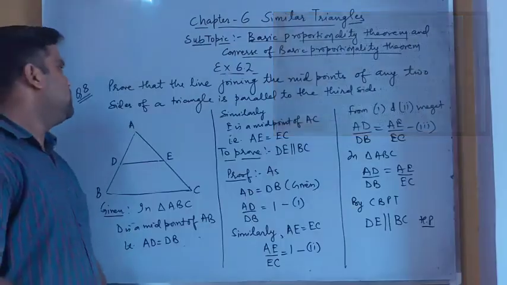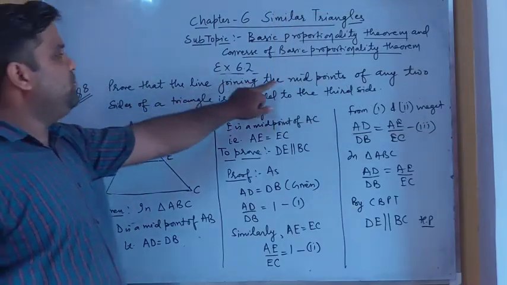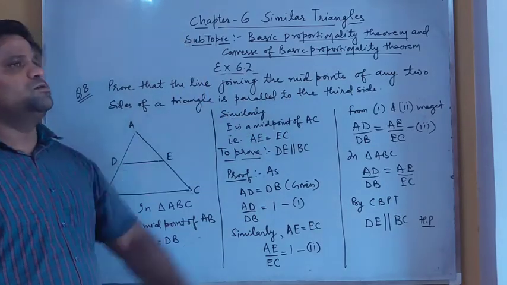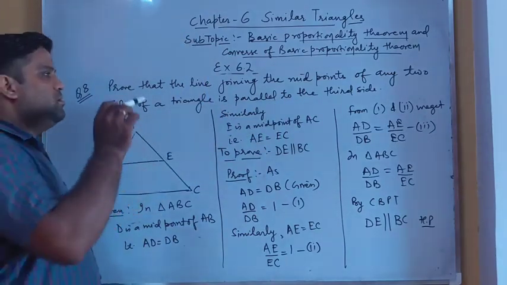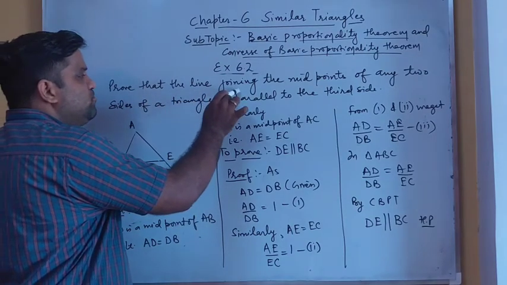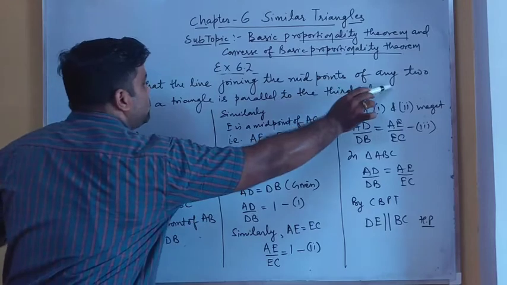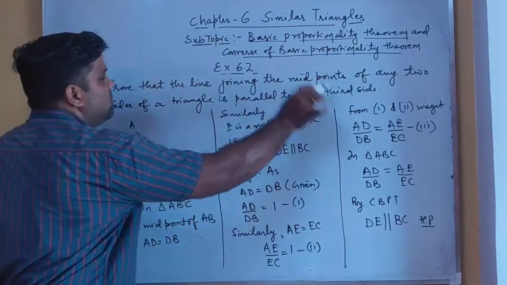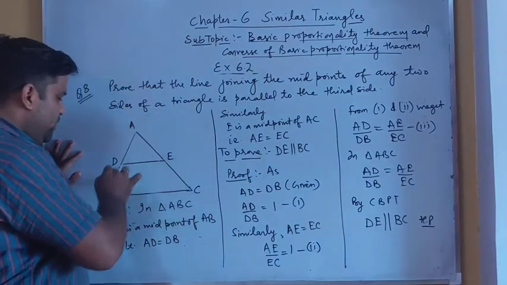Number 8, which is to prove that the line joining the midpoints of any two sides of a triangle is parallel to the third side. Here we have to prove that a line joining the midpoints of any two sides of a triangle is parallel to the third side. By diagram we can understand this.